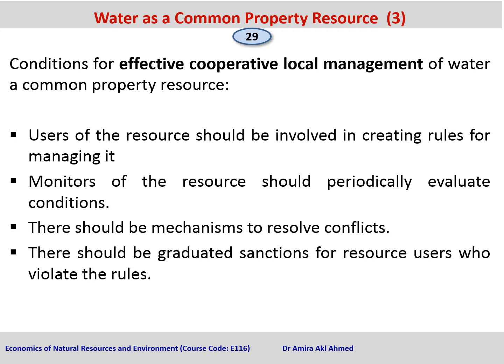They should periodically evaluate conditions. Third, there should be mechanisms to resolve conflicts that are responsive and low cost. Fourth, there should be graduated sanctions for resource users who violate the rules.